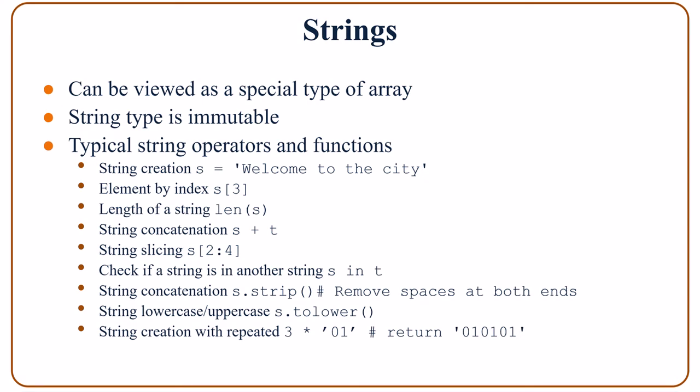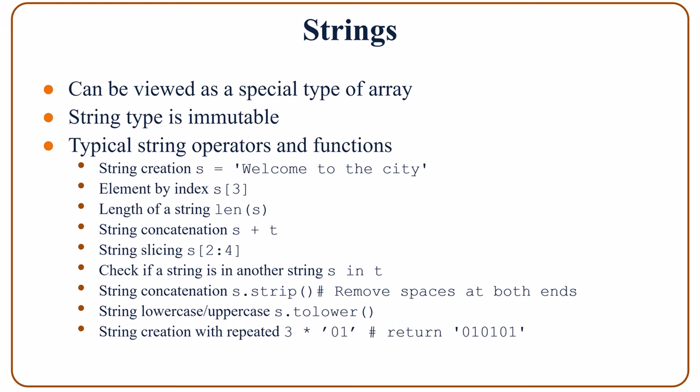If we want to access an element, which is actually a character within the string, we give it the index of the character. So let's say we want to access the fourth character in the string, then we say s, and the index would be given as 3.